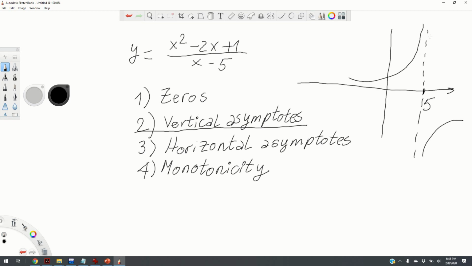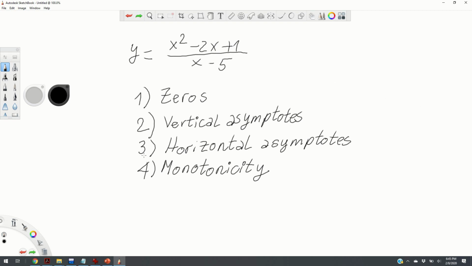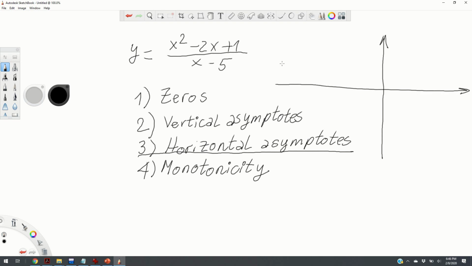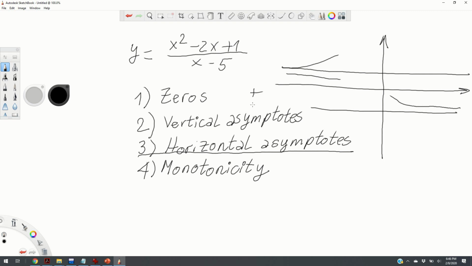They are vertical lines at which the function takes plus or minus infinity. Similarly, horizontal asymptotes are lines, in this case horizontal lines, that the function approaches when x goes to plus or minus infinity.